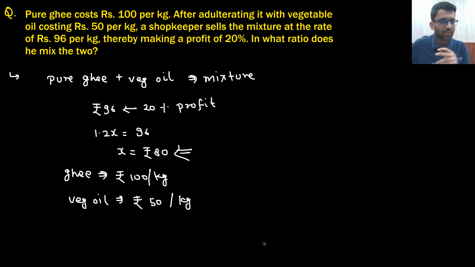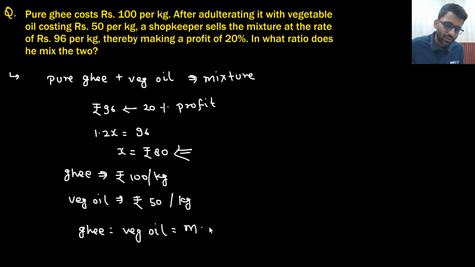So in the ratio problems we have seen how to solve the problems of ratio. So what do we assume? M:1, ghee to veg oil. So he is mixing m kg of ghee and 1 kg of veg oil.